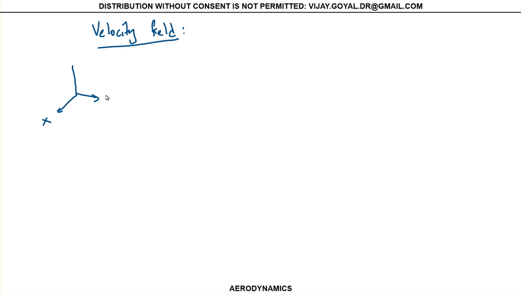Let's call this x, this y, this z. I have a point right here, and that's the point at which I want to calculate all these values. So V, again, just a reminder, is a vector, and it's a function of x, y, z, and can be a function of time in the most general form.